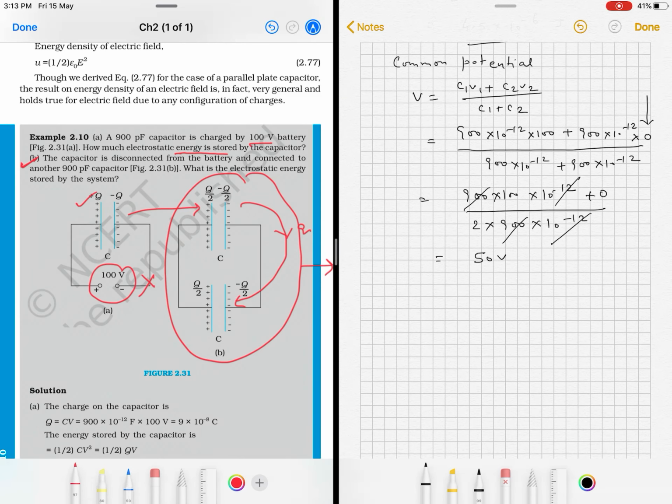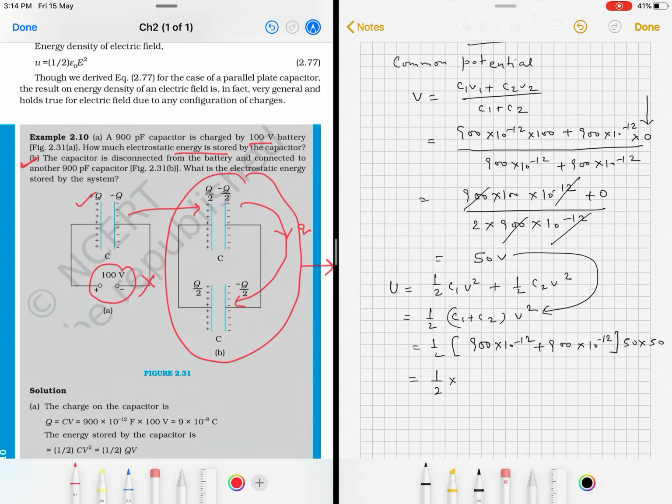Now the energy in the second case, U is equal to half C1V square plus half C2V square. So half of C1 plus C2 times V square: 900 into 10 to the power minus 12 plus 900 into 10 to the power minus 12, into V square. This V will be the common potential, so 50 into 50.